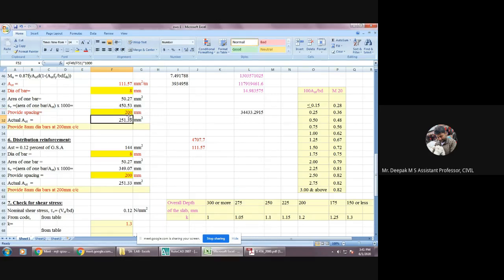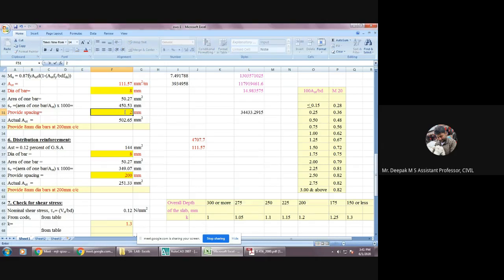Now I am providing 251.33. Now if I change the spacing, say to 100, it becomes 502. Actually AST is more. Now you can see that up to 450 you can provide slab spacing.